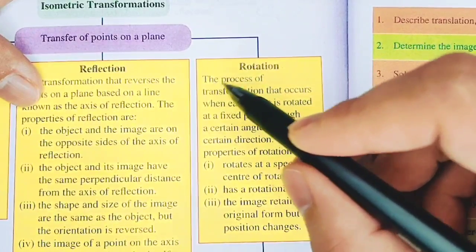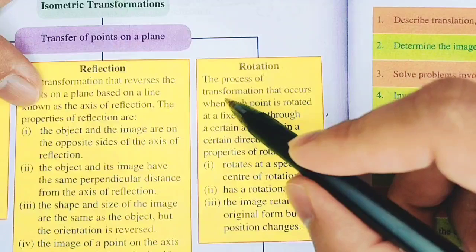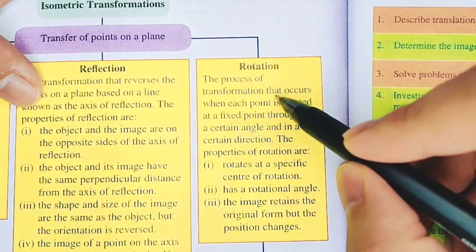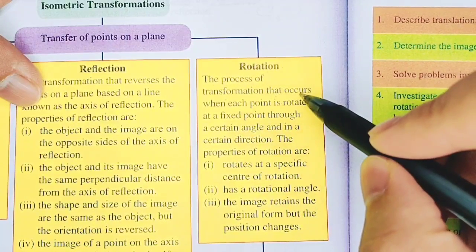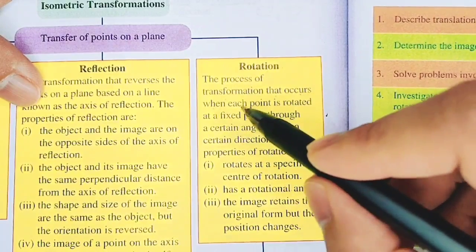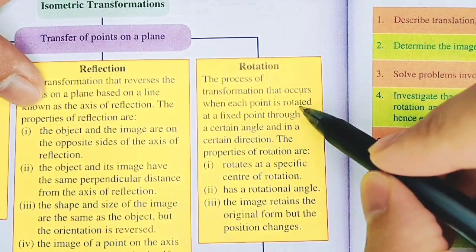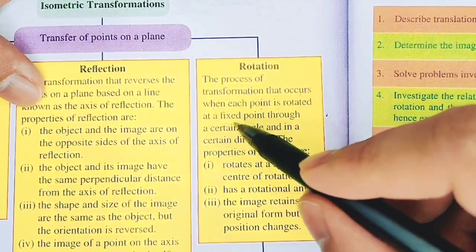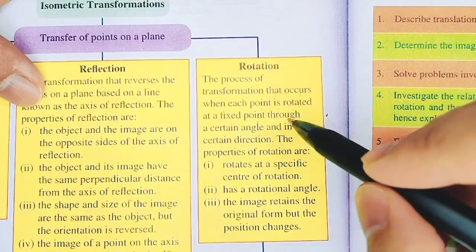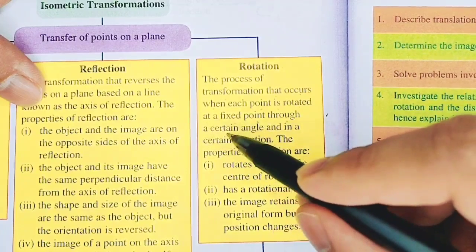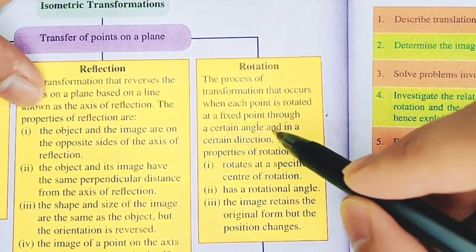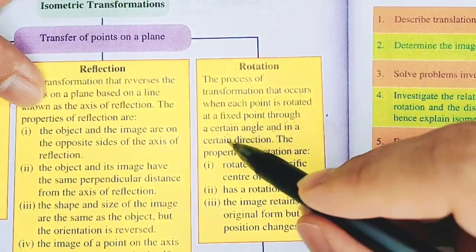Rotation is the process of transformation that occurs when each point is rotated at a fixed point through a certain angle and in a certain direction.